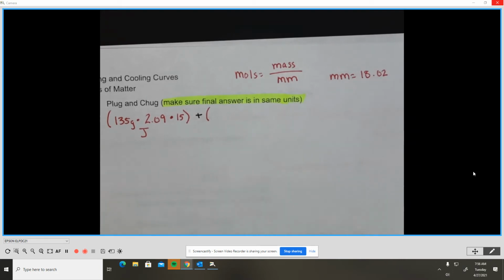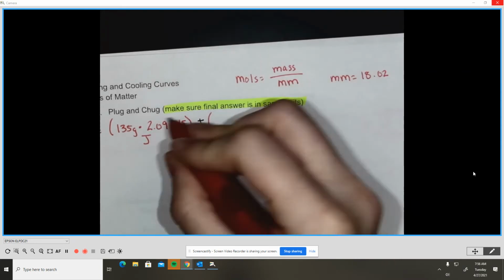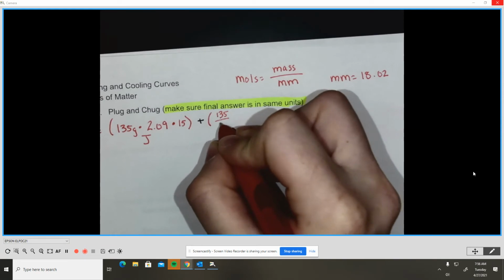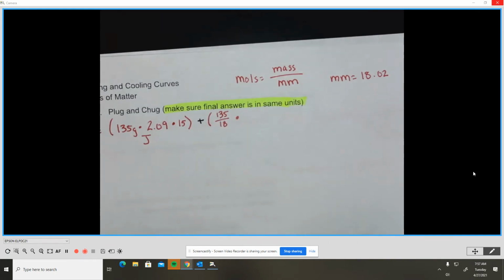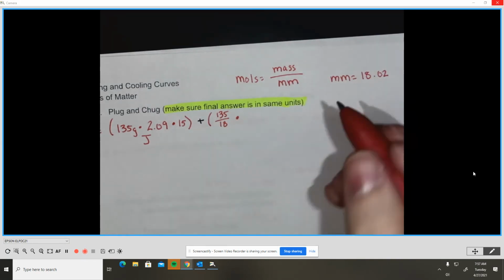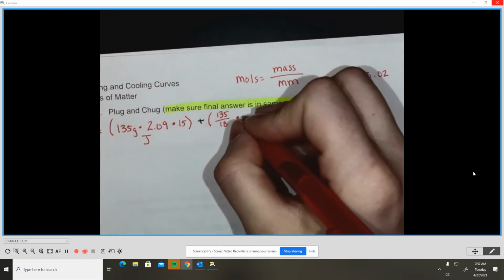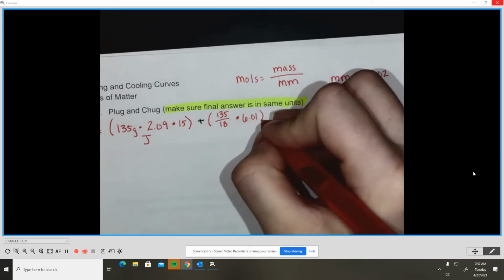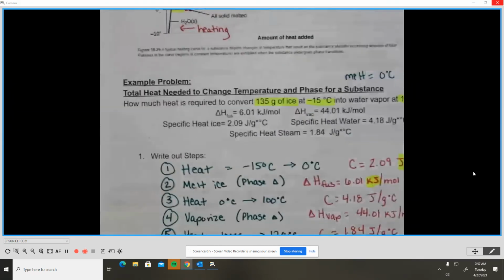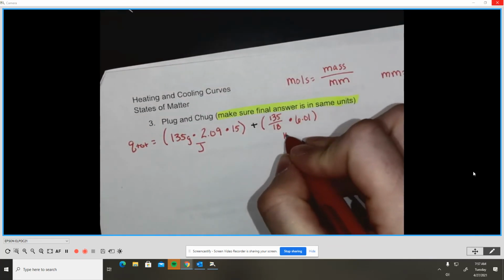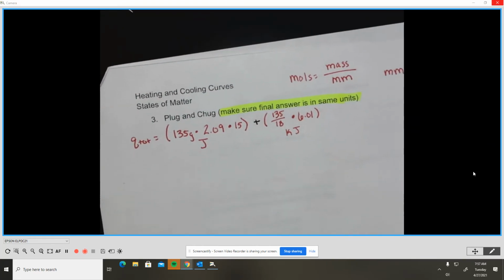So 18.02. So we're going to take our mass, which is 135, throw that over 18, and we're going to multiply that times our heat of fusion of ice, which is 6.01. Remember, the heat of fusion for ice is in kilojoules. So underneath this, I'm just going to write kilojoule to kind of keep track of my energy unit.